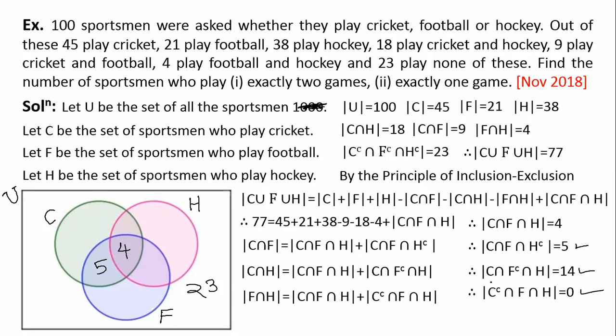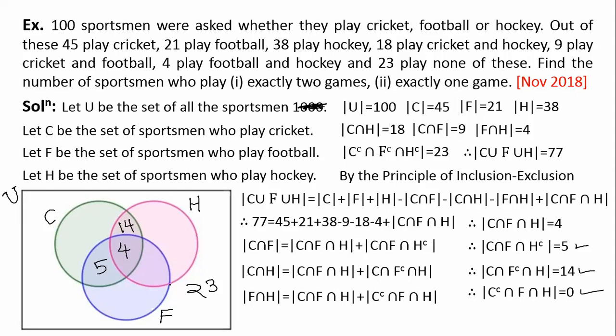Then the next is cardinality of C intersection F complement intersection H. So people playing cricket and hockey but not football, that is equal to 14.